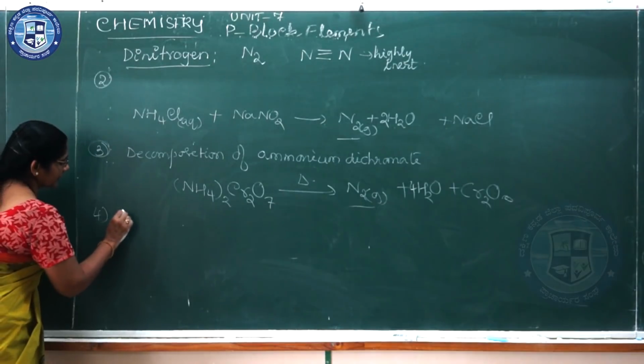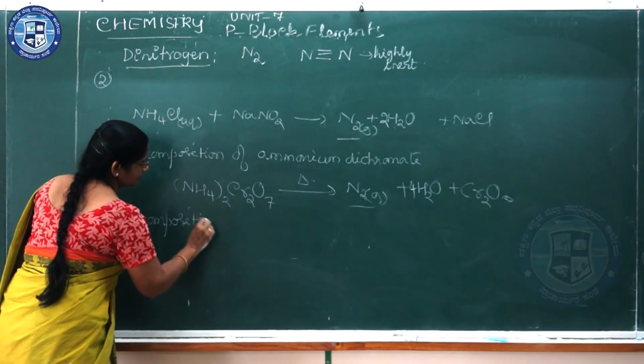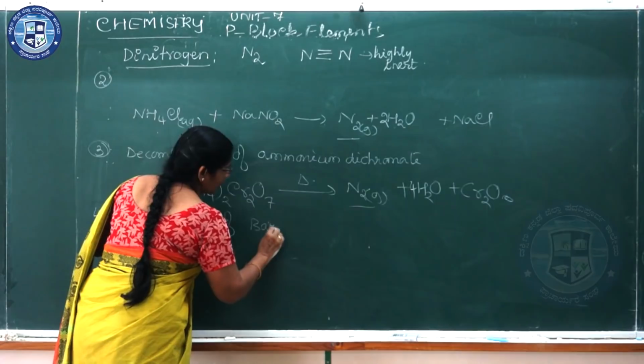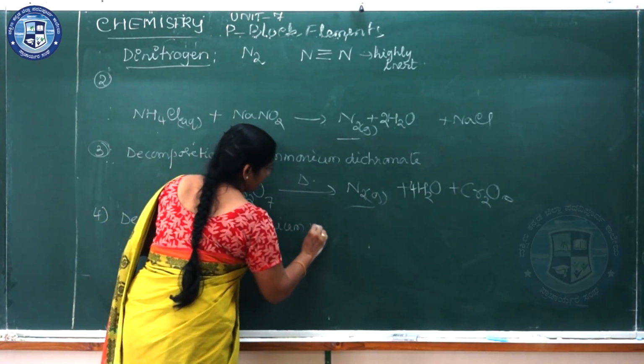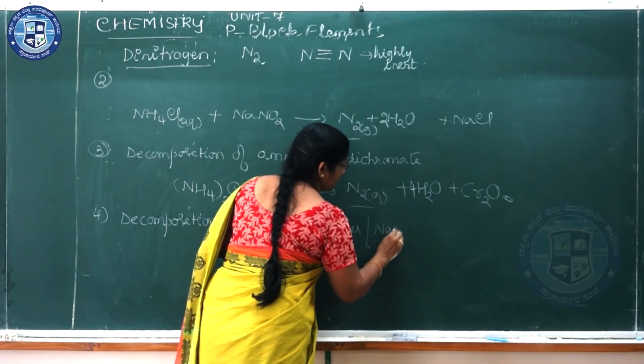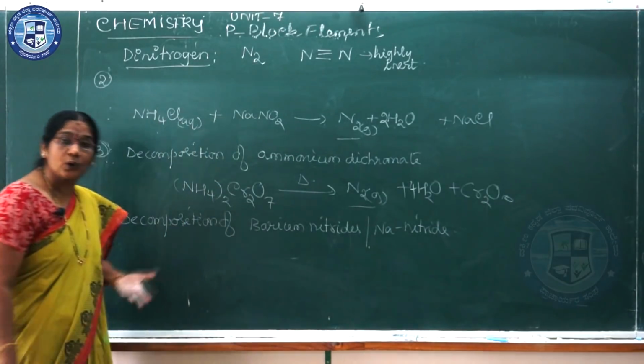The fourth method is decomposition of barium or sodium azide, which will give you very pure nitrogen.